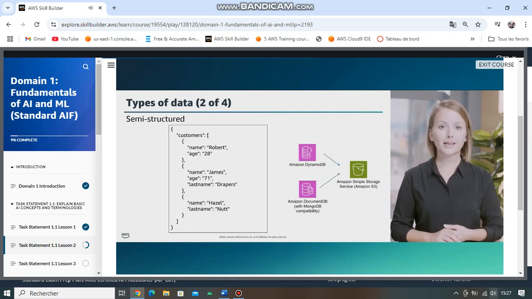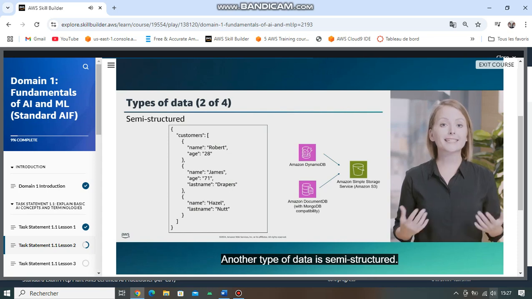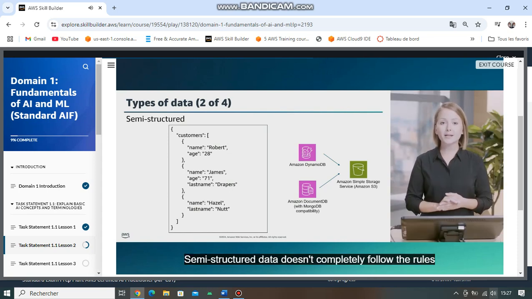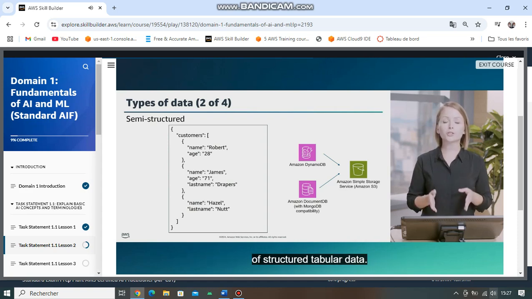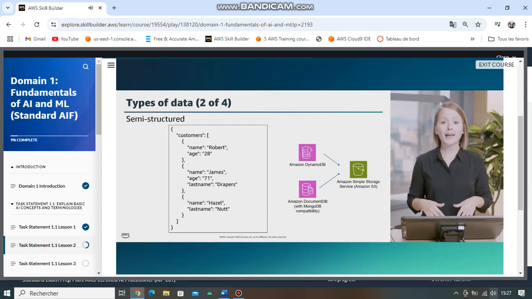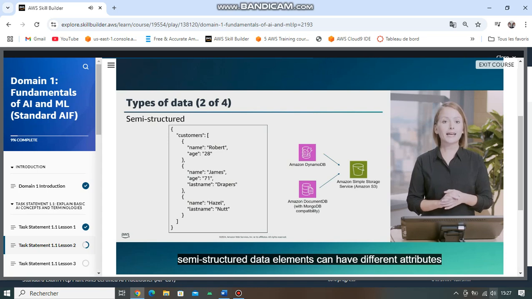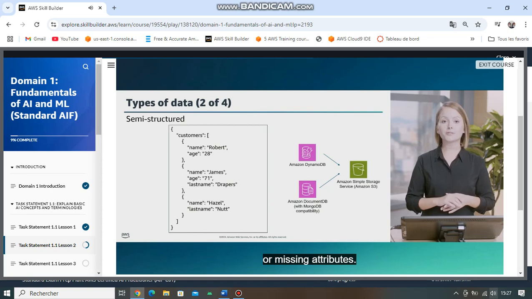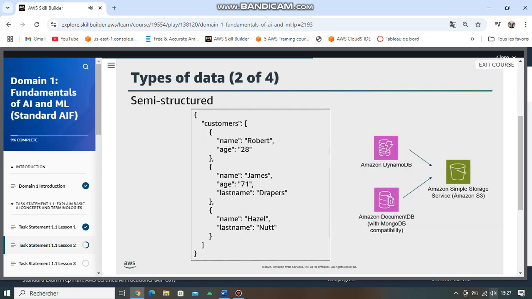Another type of data is semi-structured. Semi-structured data doesn't completely follow the rules of structured tabular data. Unlike data in a table, semi-structured data elements can have different attributes or missing attributes. An example of semi-structured data is a text file that contains JSON, which stands for JavaScript Object Notation.